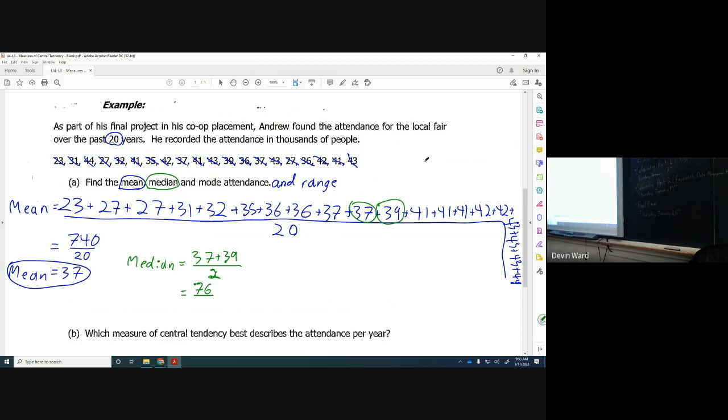So add them, it equals 76. And now divide by 2. So 76 divided by 2 is our median. Our median is 38. Perfect.